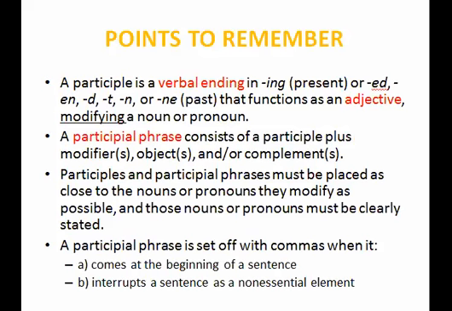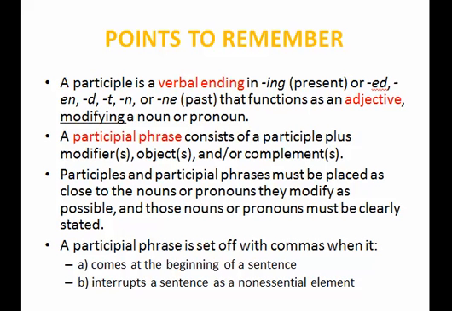Let's have a quick recap. A participle is a verbal ending in ing in the present form or ed, en, d, t, n, or ne in the past that functions as an adjective, modifying a noun or a pronoun. A participle phrase consists of a participle plus modifiers, objects, and/or complements.